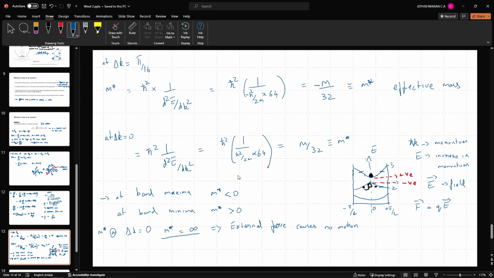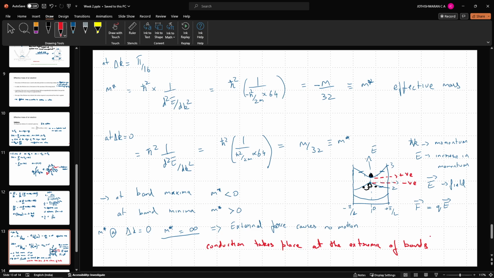That is why in general we say, and this is important, this is the takeaway from this entire discussion: conduction takes place at the extrema of bands. It will either take place at the minima of a given band or at the maxima of the given band.